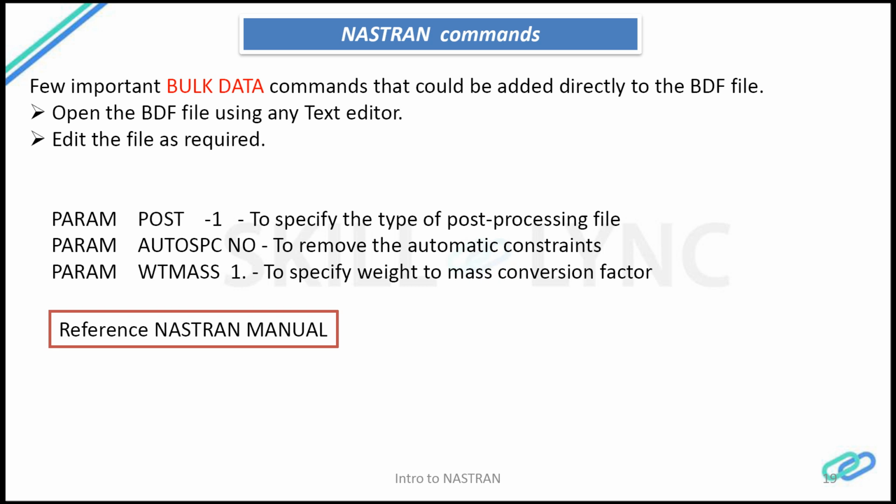When the user specifies PARAM,POST,-1, it indicates the type of post-processing file that needs to be generated once the solver solves the BDF. PARAM,POST,-1 would generate an OP2 file, and PARAM,AUTOSPC,NO will remove any automatic constraints. PARAM,WTMASS,1 will be the weight mass conversion factor.